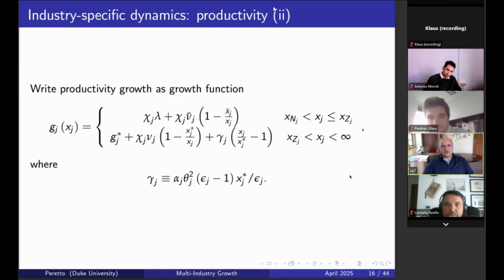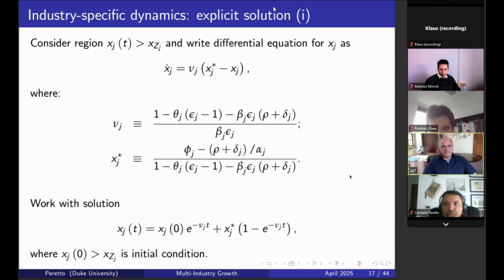So I can construct the growth function. And the difference here again is that every parameter that is industry specific gets a subscript J. Then I can look at a neighborhood of the steady state with endogenous growth.